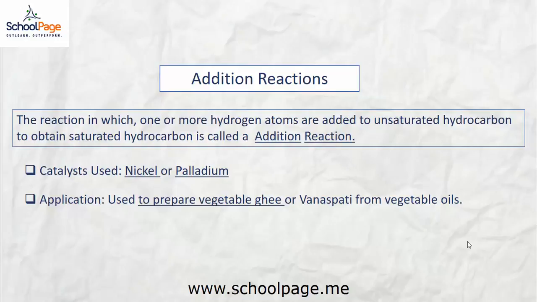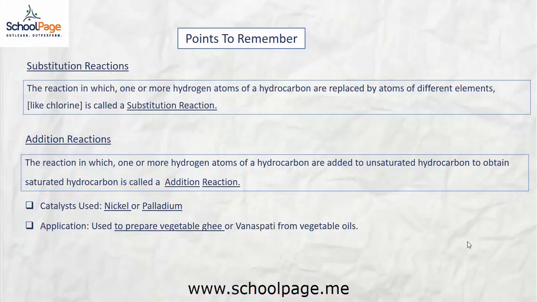So we understood what is addition reaction and what is substitution reaction. Let's do a quick recap of all this. Substitution reactions are the reactions in which one or more hydrogen atoms of hydrocarbons are replaced by the atoms of different elements like chlorine. Whereas addition reactions are the reactions in which hydrogen atoms are added to the unsaturated hydrocarbons to obtain saturated hydrocarbon.